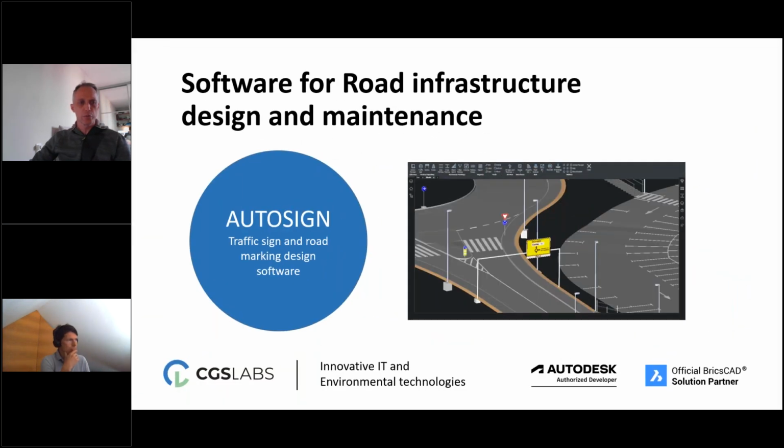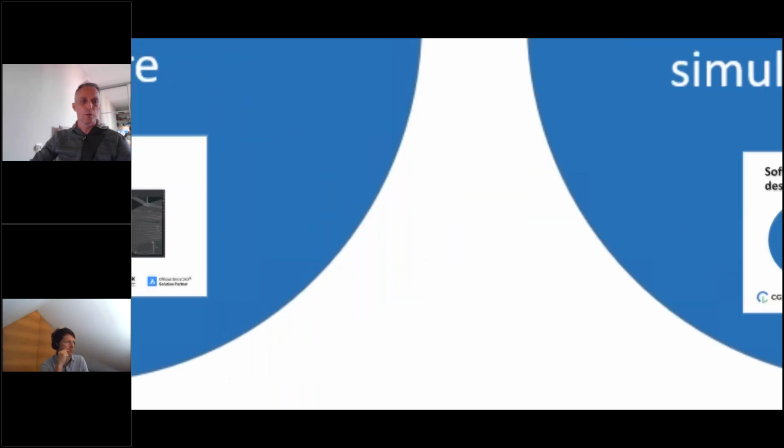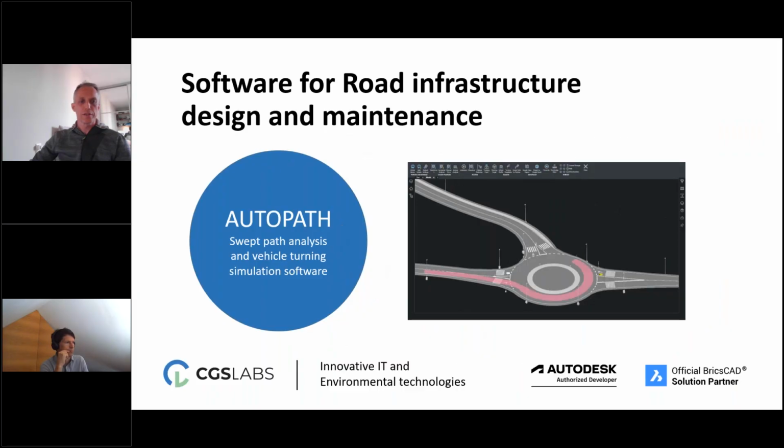One is AutoSign, which is used for traffic sign and road markings design. It is a BIM software. And then we have also AutoPath software, which is analysis software for swept path analysis and vehicle turning simulation.